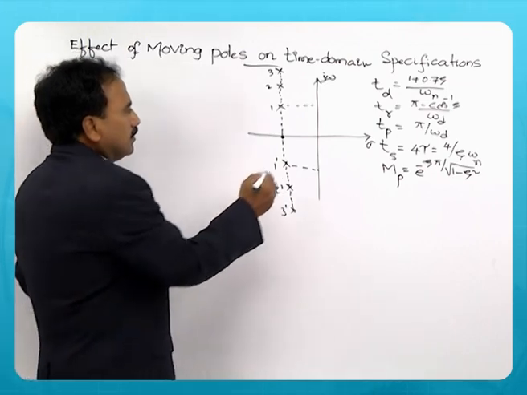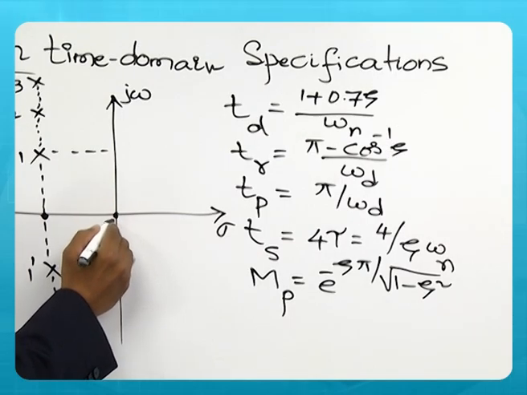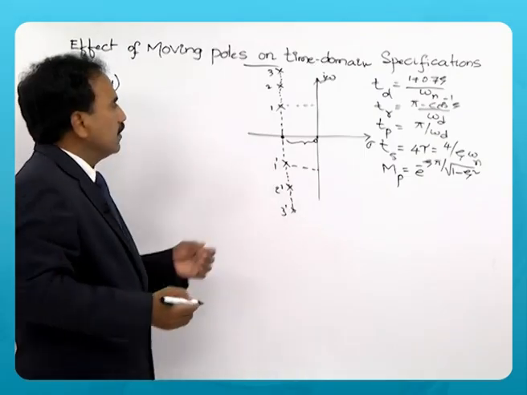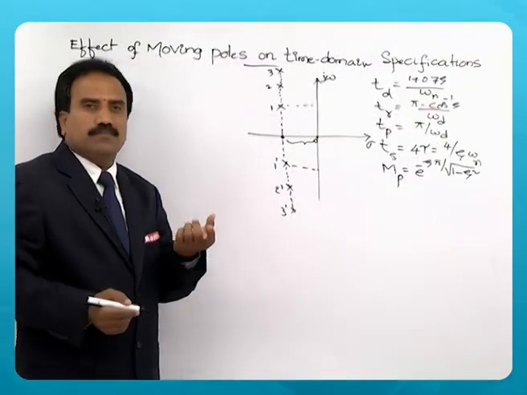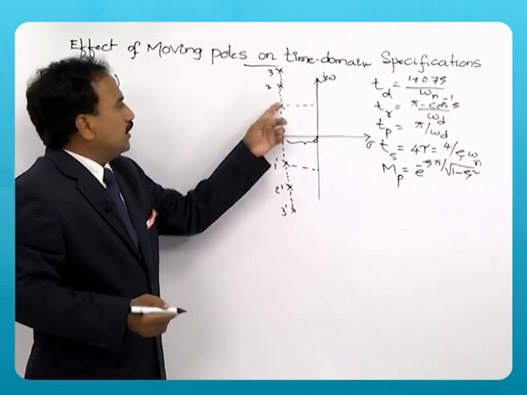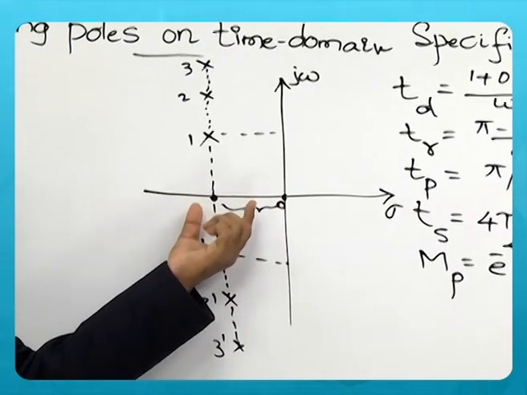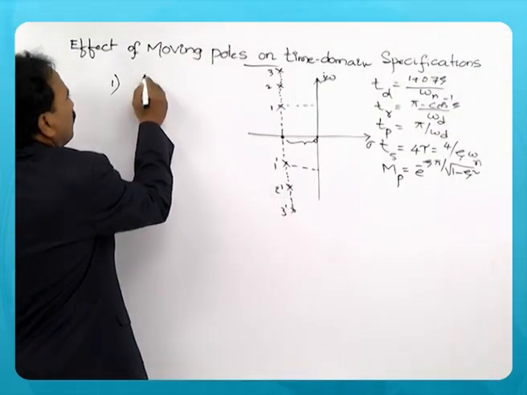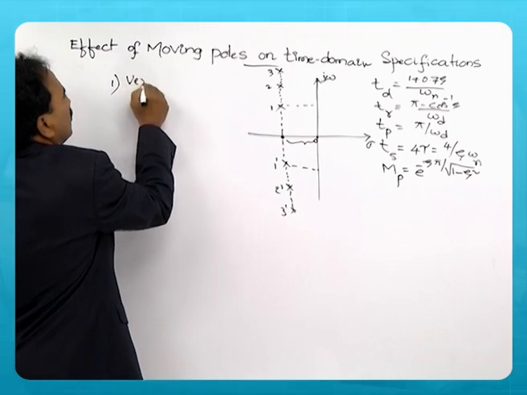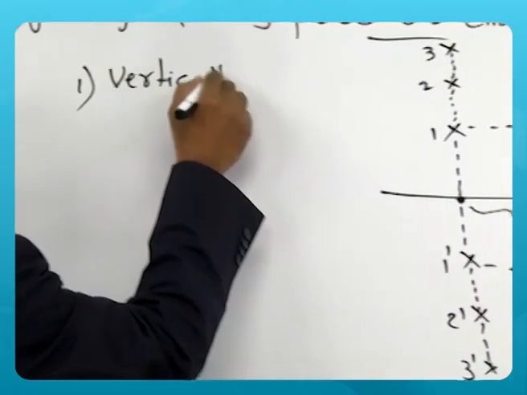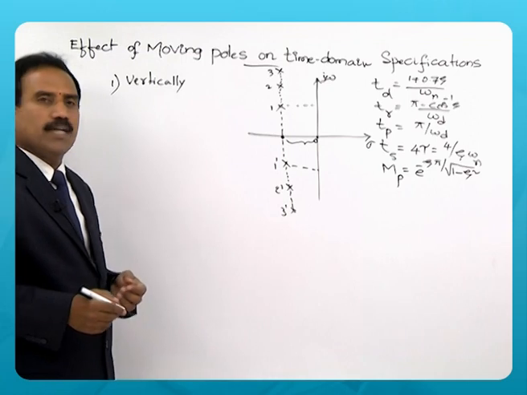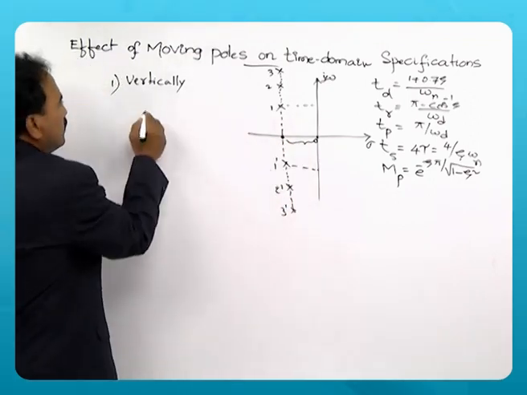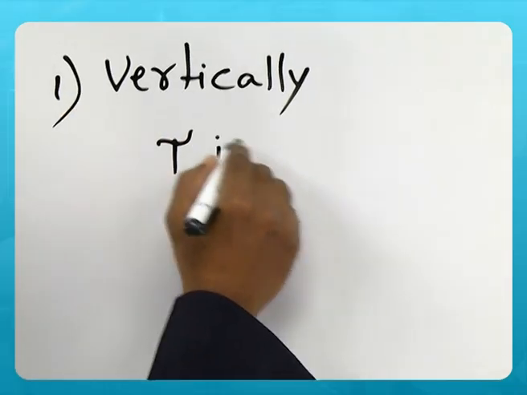If you see, this is the origin, and this part reflects the time constant. So, there is no change in the real part because we are assuming that poles are moving vertically. So, if the poles move vertically along the j omega axis, there is no change in the real part, which means tau is constant.